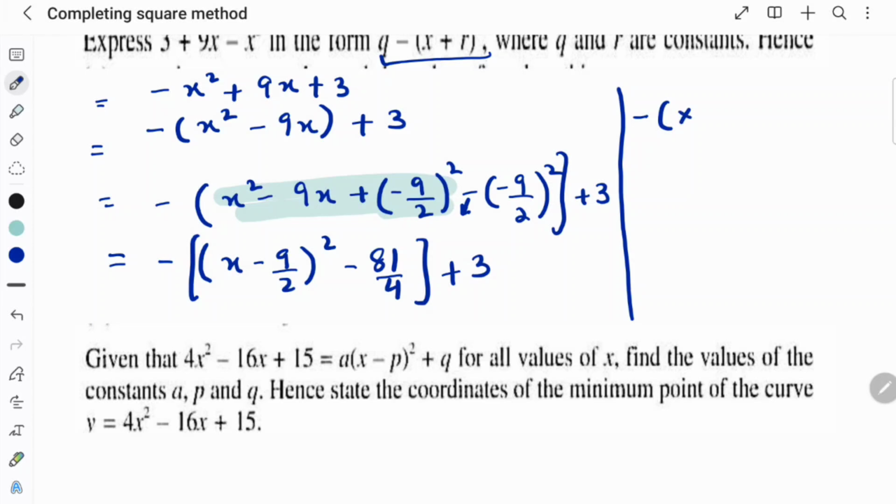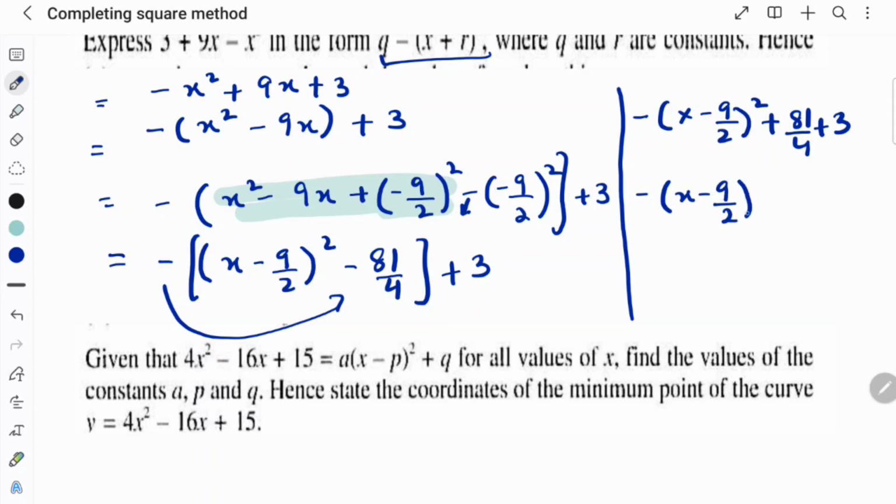So −(x − 9/2)², and now this minus sign will affect the minus sign inside, so that is +81/4 + 3. Now you'll have to complete the question, so −(x − 9/2)² + 81/4 + 12. 3 times 4 is 12, because 1 is the denominator, that's why you write 12 here.